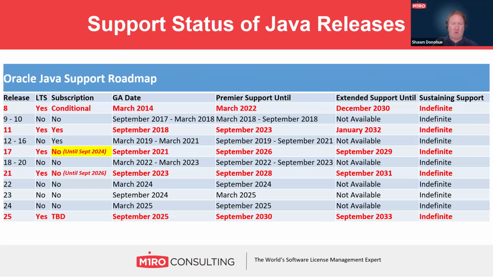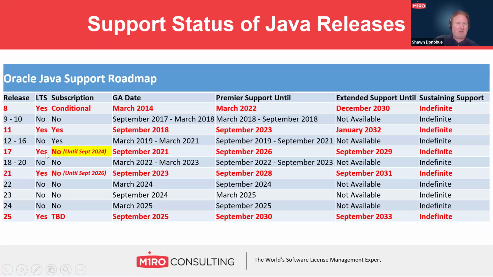So here's the tricky one. This shows which versions of Java in fact require a subscription and which versions do not. It's only slightly complicated, as you can see. We've got some long-term versions: 11, 17, 21, 25. Those are the long-term versions.